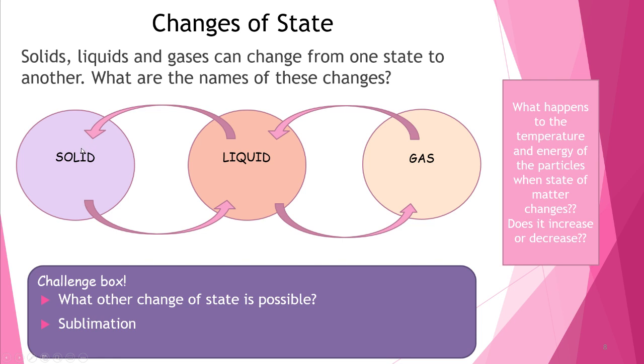They will not show any movement, and we'll say it has turned into a solid. With this water example, water is freezing now. The process is called freezing. So the temperature and energy of the particles decrease, and we say the process is freezing.